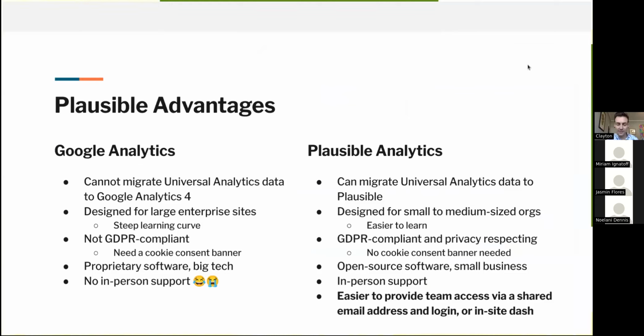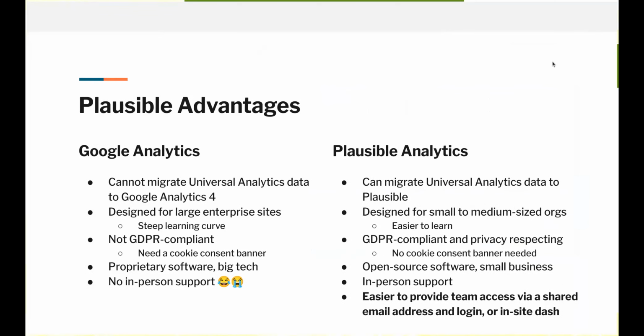So, some advantages of Plausible. A really big one is that the old Google Analytics, which is called Universal Analytics, you cannot migrate that data to the new Google Analytics 4 platform. It's such a significant rewrite and a significant difference in interpreting site traffic and metrics that it's not an apples to apples understanding of site visitors and behaviors.